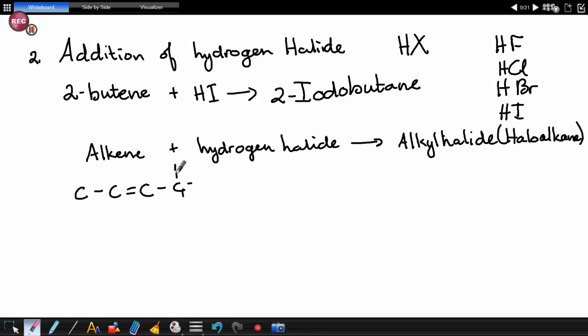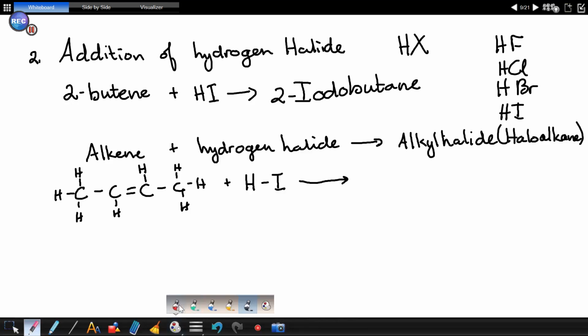Yes. Okay, so here we go with all our hydrogens that we still need to add here. And our hydrogen halide is the HI. Now, the only condition is that there should not be any water present.